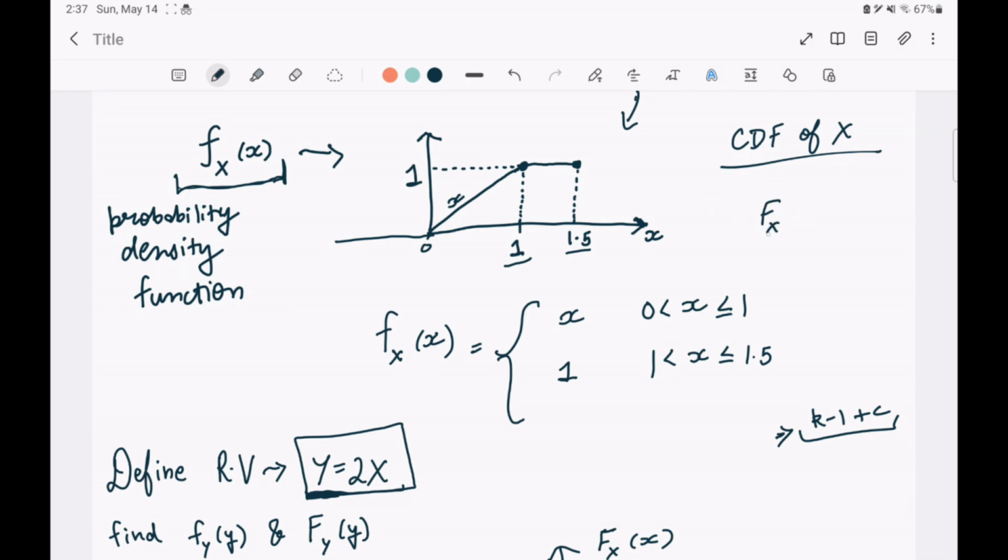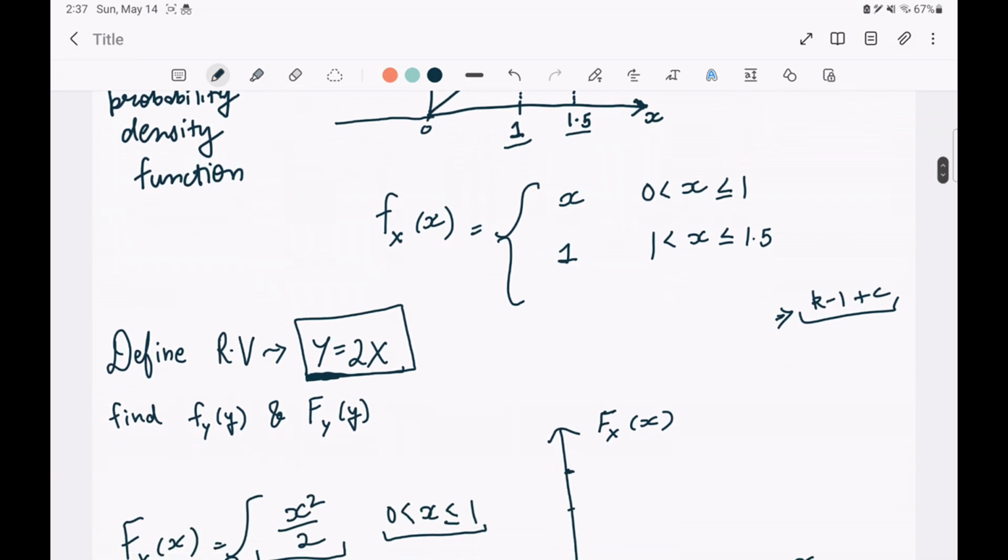So this means that the cumulative distribution function at value 1.5 would be 1, and for any value above 1.5, the cumulative distribution function would be 1. So let's say I put in the integration constant as some value here. We know that if k equals 1.5, it would be c plus 0.5 equals 1, hence c is equal to minus 0.5.